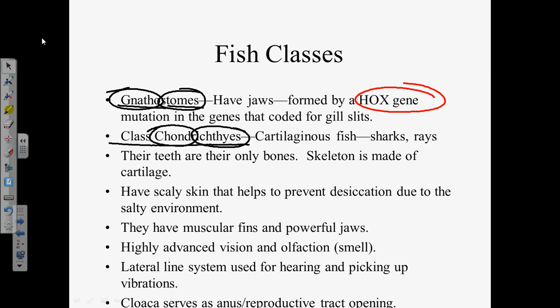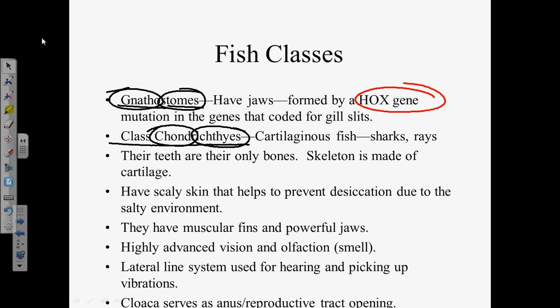And also fish and amphibians and even birds have something that you don't have. It's called the cloaca. It's at the end of the large intestine. And what it is, not only does the large intestine empty into this cloaca, but so does the bladder, and so do the reproductive organs. And then the cloaca empties out.